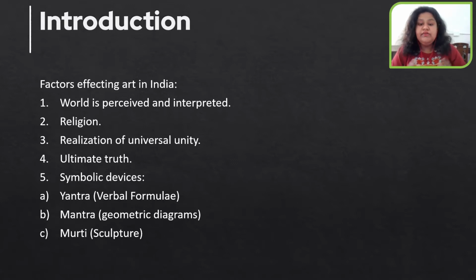Because of religion, we had so many forms of art and architecture in India. The purpose of religion is to eliminate the illusion of egoistic existence, to bring out the realization of universal unity, and to understand that each one of us is a manifestation of the Supreme.